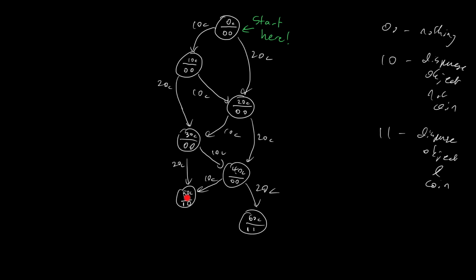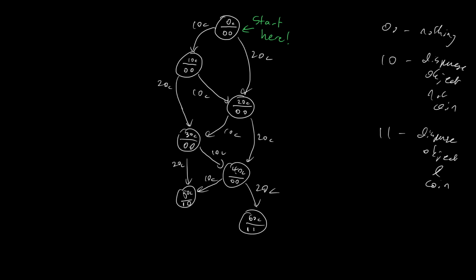We are still not done yet because we've got 2 nodes here which don't have transitions going out from them. Now something a little bit different happens here. What you would normally expect is that after you've dispensed the product, you then just return to this reset state up here. But we need something to cause this transition. So the way we've done it is we wait in the current state until someone deposits another coin.